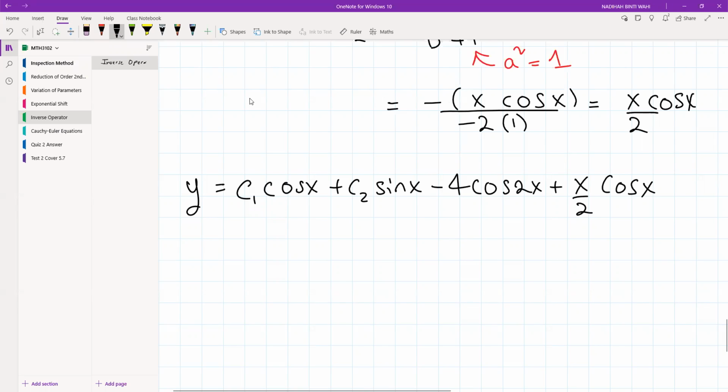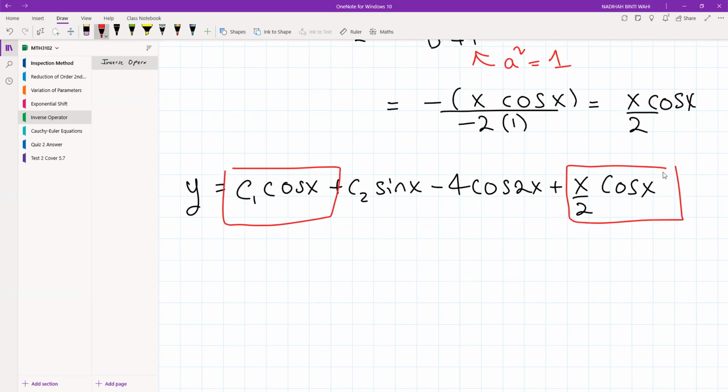Sebab kalau awak tengok kat sini, yang ni ada cosine X, yang ni ada cosine X. Dan sebab dia ada cosine X, dia perlu darab dengan X. Dia macam repeated roots. Okay, so tapi yang ni sekali saja sebab dia adalah cosine 2X. So yang ni direct to the point.